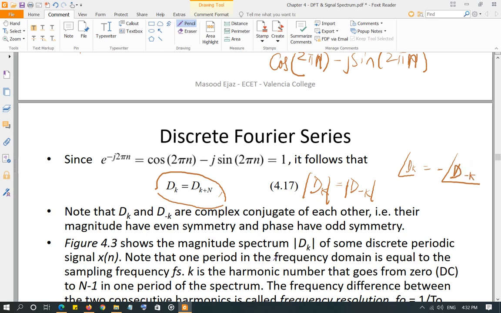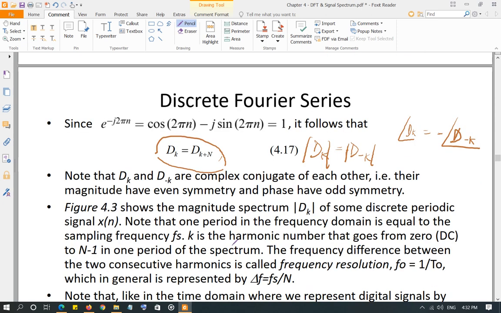So when they are complex conjugate of each other, their magnitudes for the positive and negative values of k have the same value, and their phase for positive values are opposite than the phase of negative values. So they have periodicity, they have even symmetry for the magnitudes, odd symmetry for the phase, that is dk and d negative k are complex conjugate of each other.